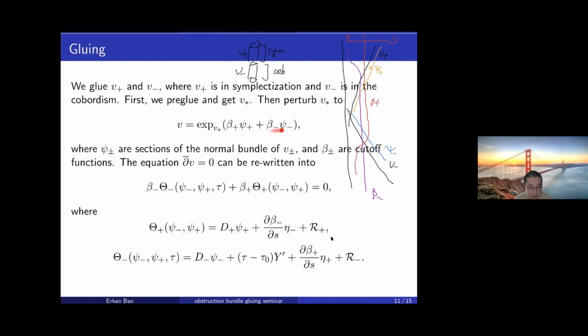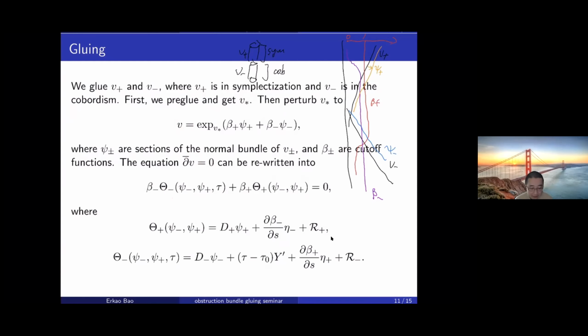Then we solve this and get our candidate V. We try to solve d bar V equals 0, and it's explained many times. This can be rewritten as the sum of two equations: beta minus times theta minus plus beta plus times theta plus equals 0. And we actually require theta plus and theta minus to both be 0.